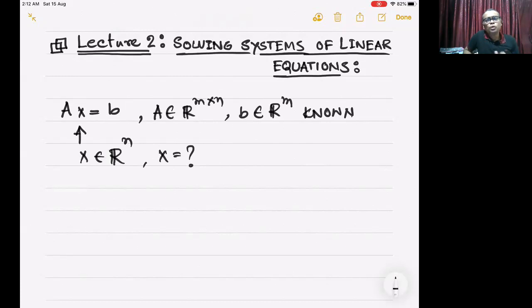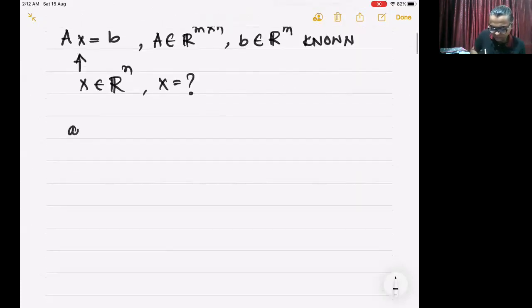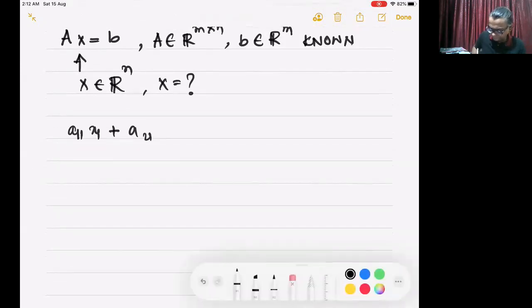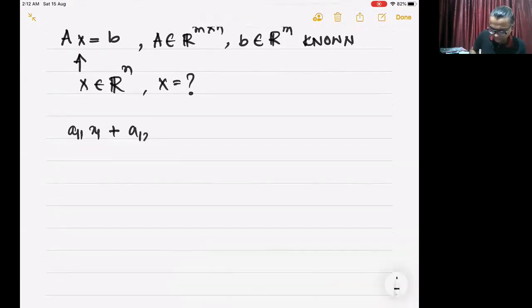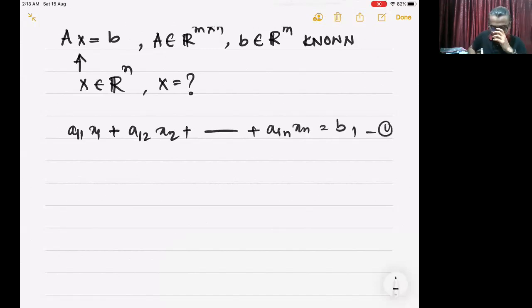One crucial first step for this would be to expand out this equation. So the equation actually looks like a11 x1 plus a12 x2 plus dot dot dot plus a1n xn equals b1. This is something that will come up every now and then, so that is why I'm spending time writing it out explicitly, because we'll be needing it again and again. This I can call equation number 1.